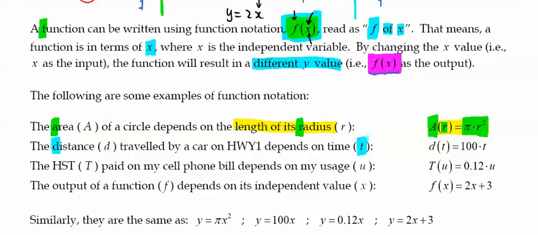And instead of using f of x, we can now use d of t. We can use this equation to calculate the distance traveled by the car when you have the time given.